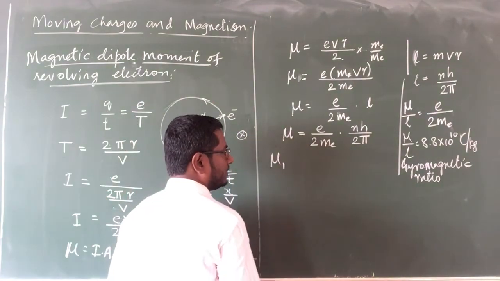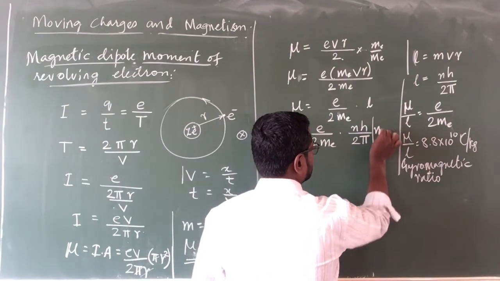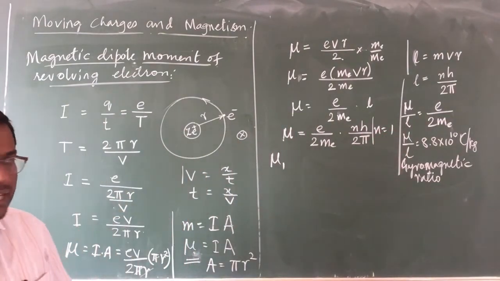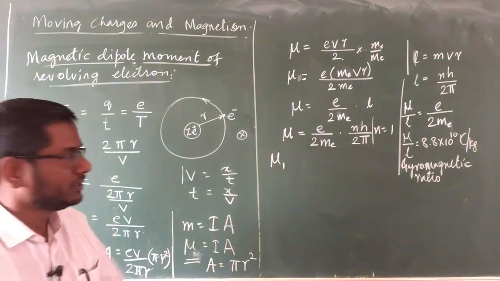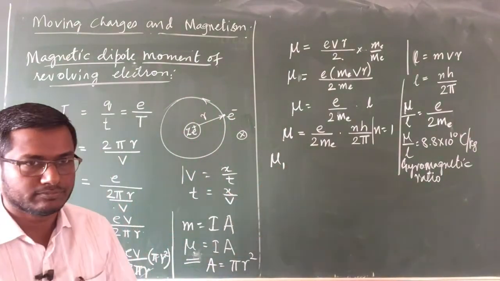Take it as μ1, that means n is going to be taken as 1. So the value of n is 1 and we are going to talk about the first orbital of that electron, and we write a subscript for μ as 1.